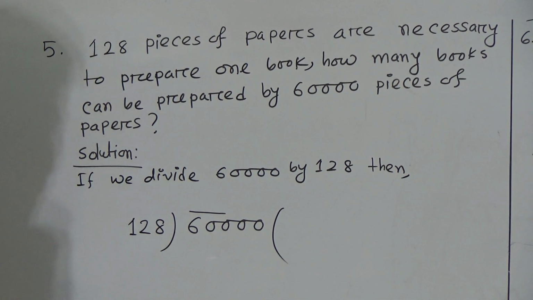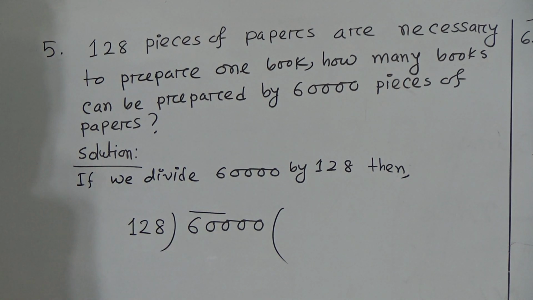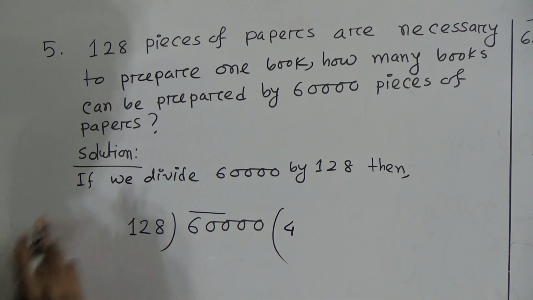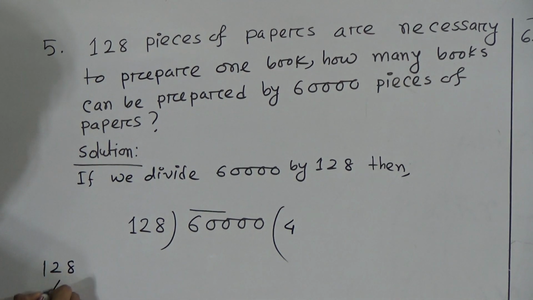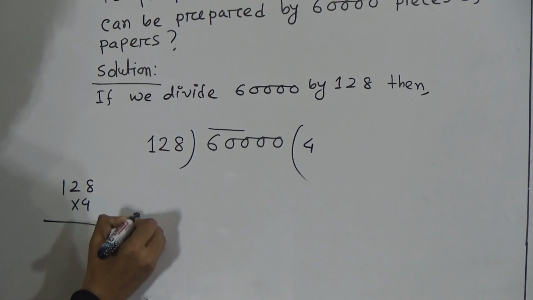Look, if we take 5 times of 128, then the product will be larger than 600. So we have to take up to 4 times of 128. Multiply 128 into 4. We know 4 8s are 32.